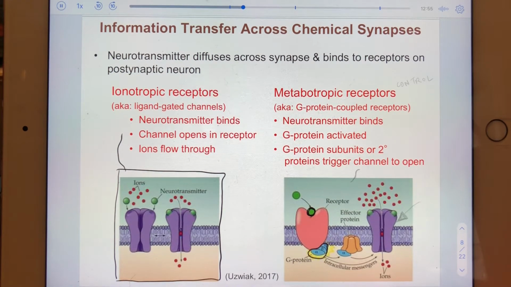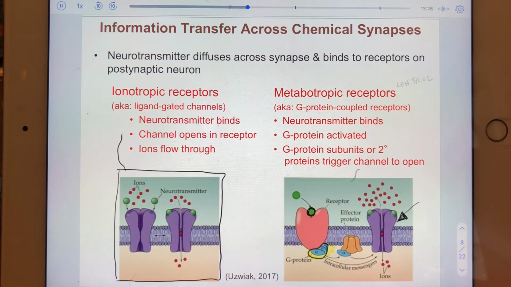When the receptor is bound to the neurotransmitter, it activates or excites the G protein. The G protein then in turn activates or excites other molecules in a chain or cascade. And at one point in that cascade is a separate molecule that acts as ion channel.